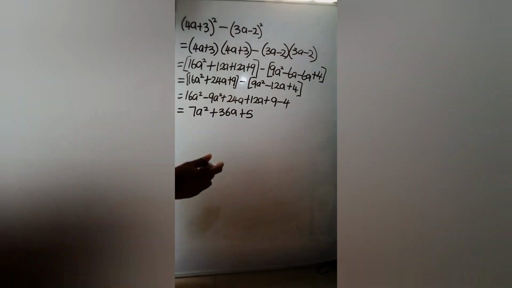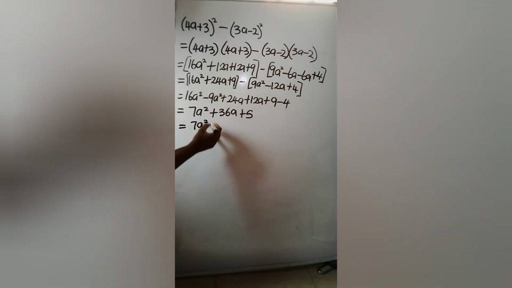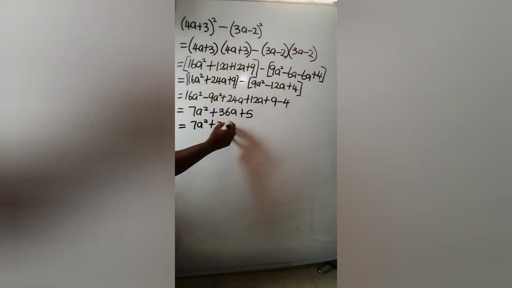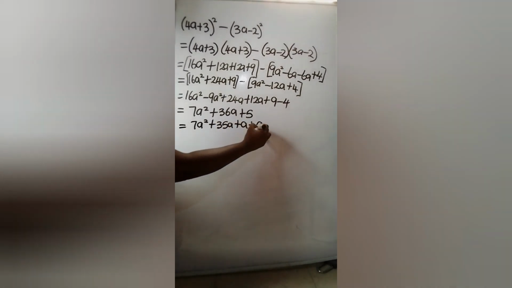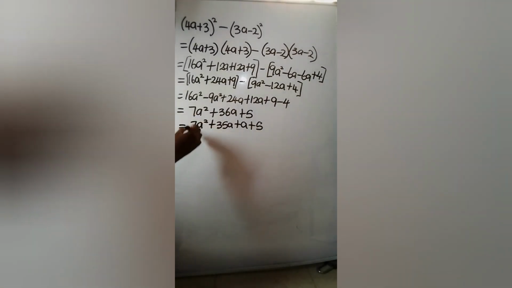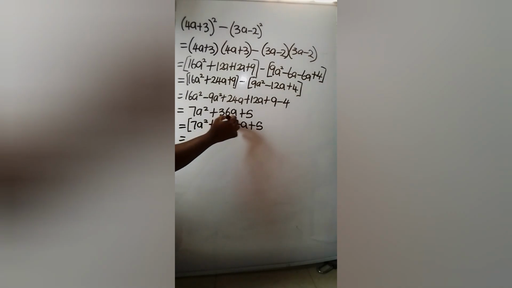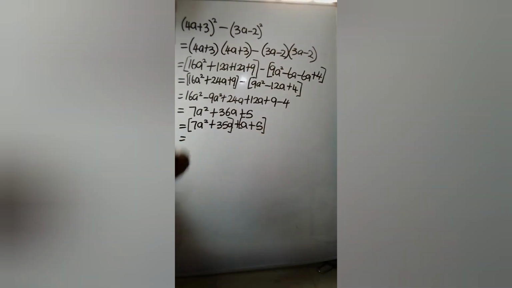So we factorize 7a squared plus 35a plus a plus 5. We group it. Grouping. The common factor here is 7a.